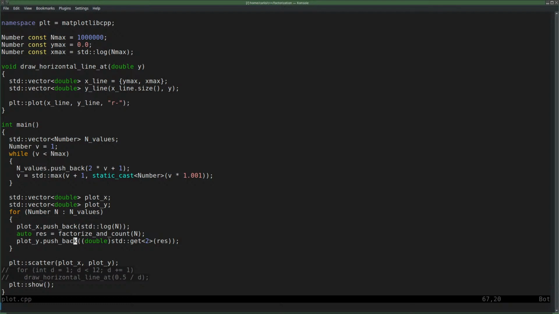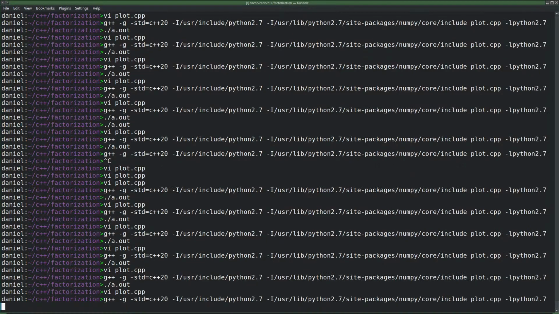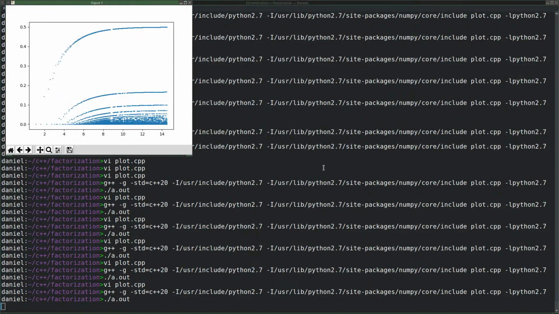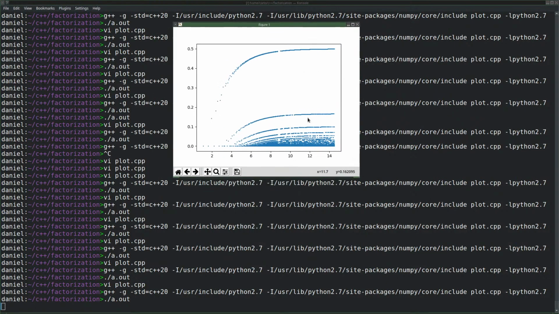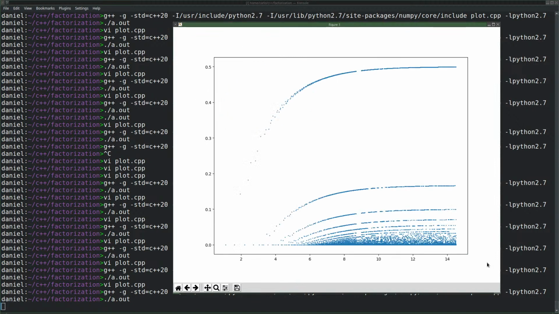Why should this be divided by n? I've got that one. I removed that one. Okay, so now we have again the slope, if you can call it a slope.